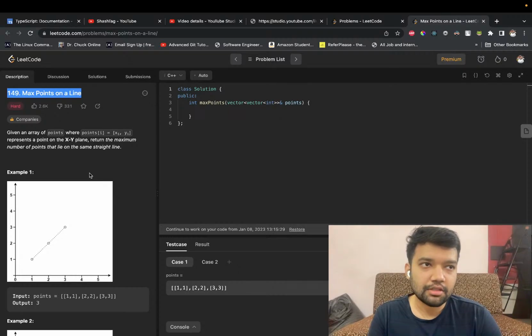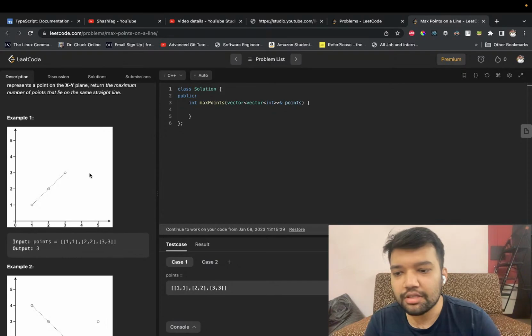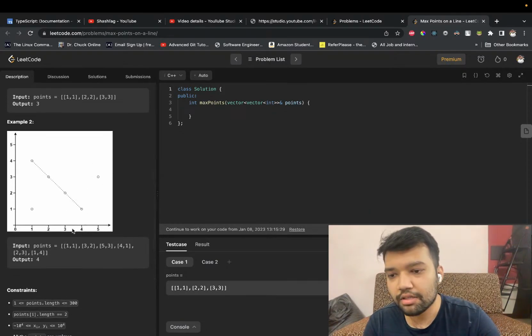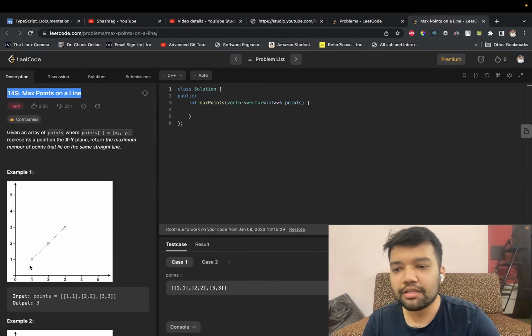Okay, let's see the examples. One thing I can see from the examples is that to be on the same line, they'll have the same slope.